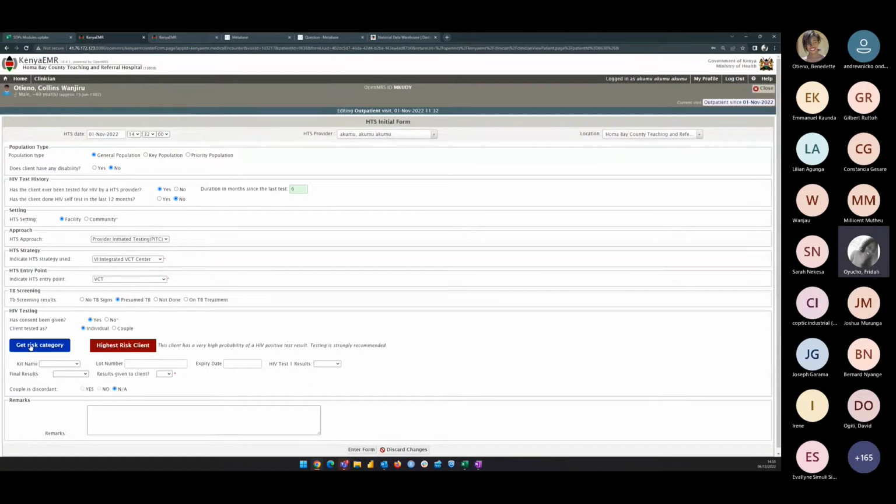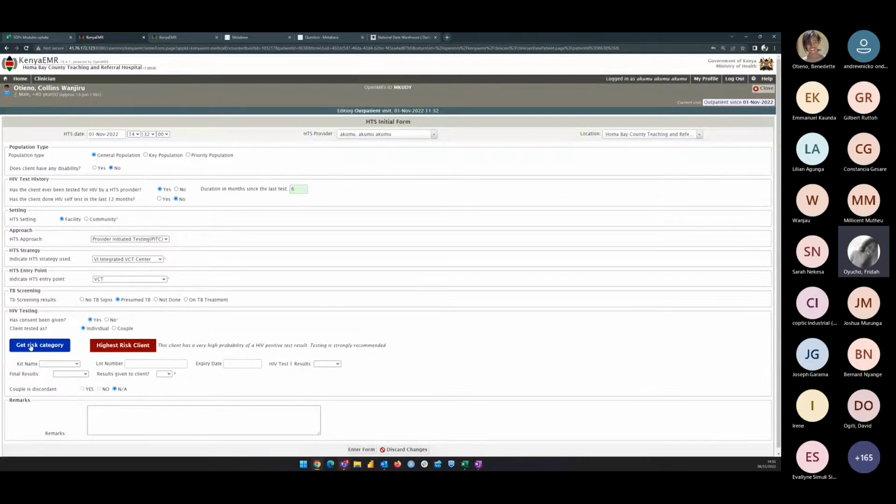Now, that highest risk client, the reason why we're able to see highest risk is because of the information we fill from the eligibility screening form, plus part of the information that we've been able to capture from the HTS initial form. So all those variables combined, the model is able to tell us whether this client is at a high risk of turning positive or not.